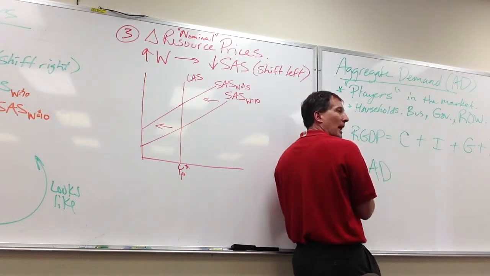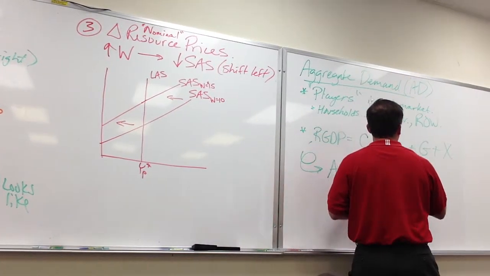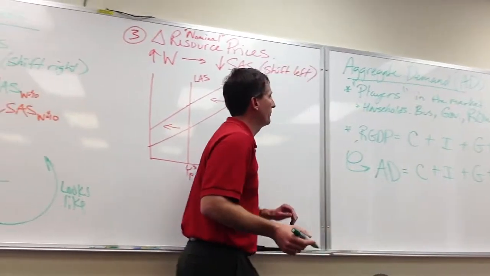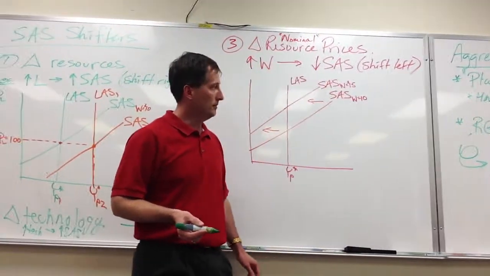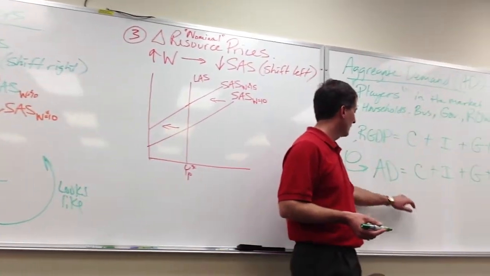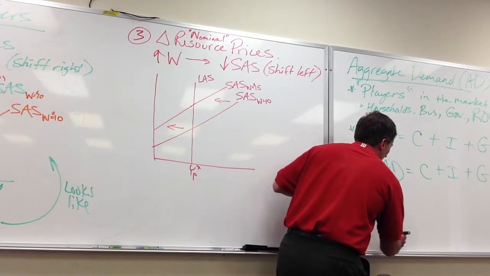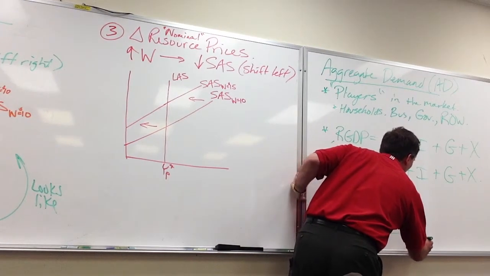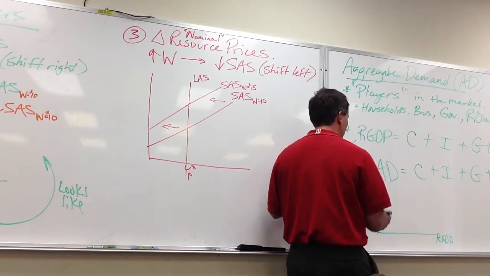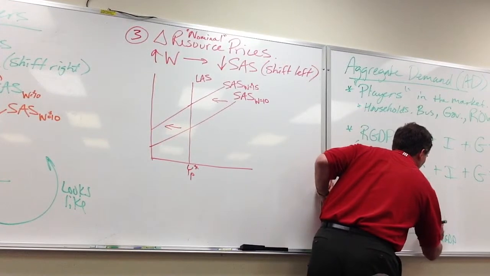The aggregate demand for the economy comes about from these four agents. That demand curve looks very similar to the demand curve we would see in microeconomics.